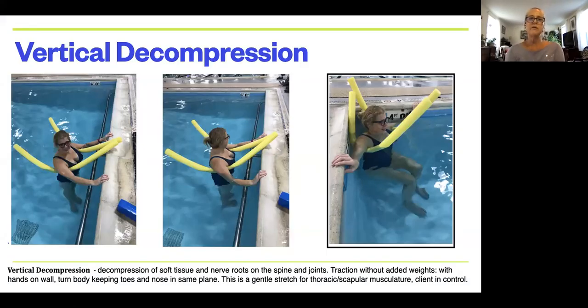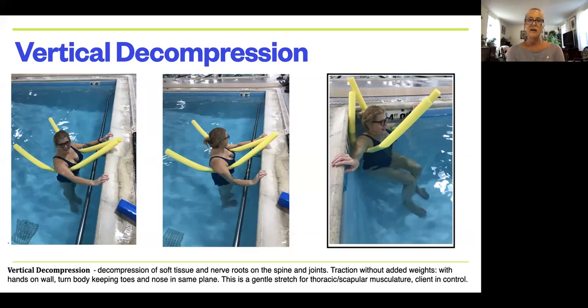So use vertical decompression if somebody comes in and they've got a lot of nerve pain, tight muscles in their back, in their hips, and the legs. Vertical decompression here, I've got on the left side, it looks like she's standing on the pool bottom, but she's not.